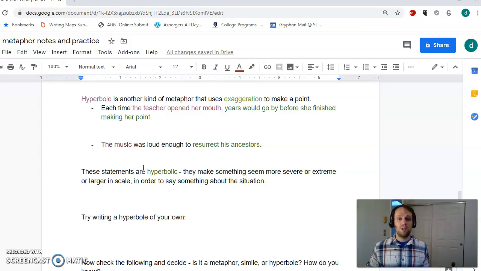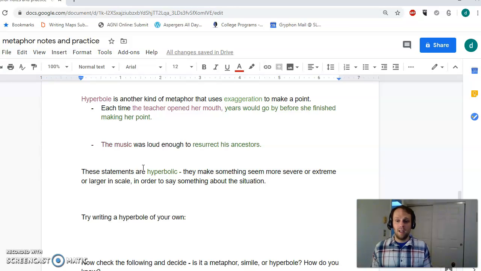So each time the teacher opened her mouth, years would go by before she finished making her point. And the music was loud enough to resurrect his ancestors. So these are exaggerations. Music, most people believe, can't wake the dead. The teacher can't take years to make her point.